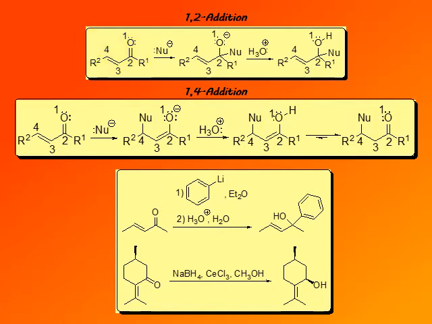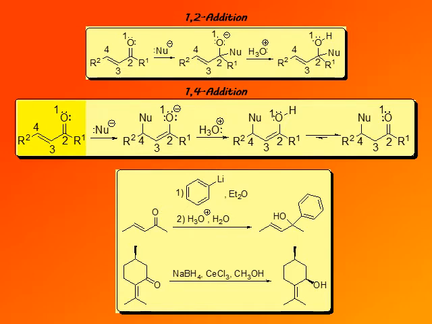A nucleophile could add to the carbonyl carbon, and that means it ends up on atom 2. Then in the workup, when we add dilute acid, the alkoxide is protonated, so the nucleophile and electrophile end up in the final product on atoms 1 and 2 of the enone.